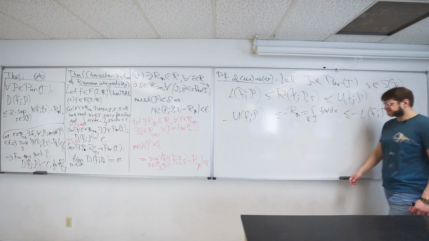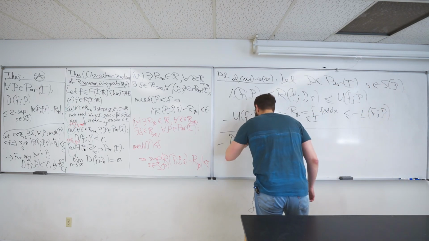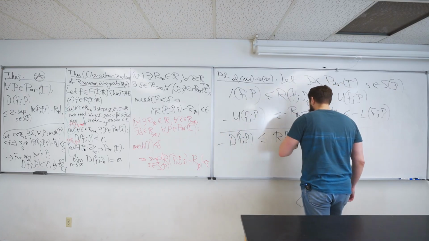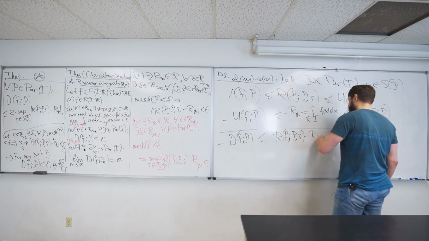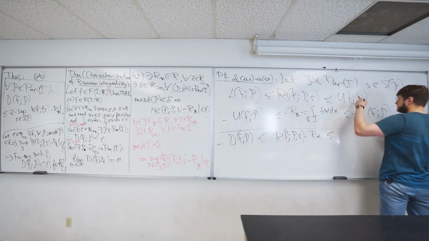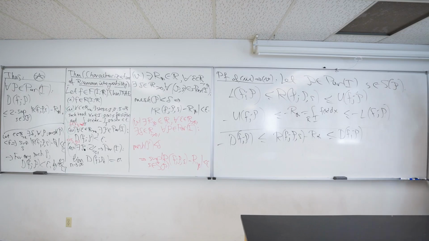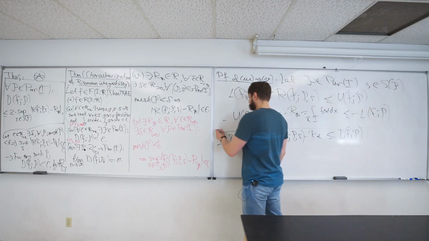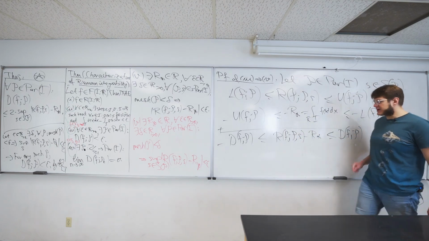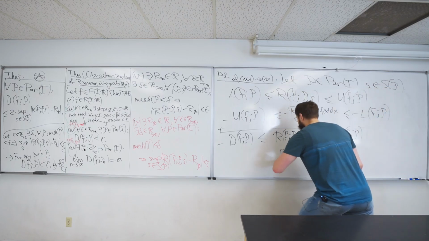Adding everything up, I have minus the aperture lower bounds the difference between these two, and plus the aperture upper bounds it. I just added. Well, if you have an expression that is upper bounded by some number and lower bounded by minus the same number, that's the same thing as saying that the absolute value of this number is upper bounded by that other thing.